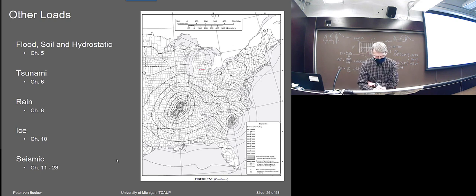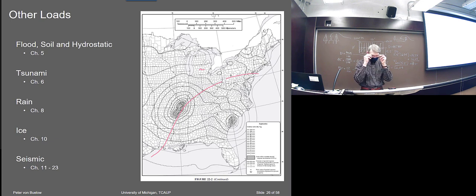There's some sort of a fault that runs, I think it runs up like this or something. There's an earthquake zone. This is the New Madrid, and you've probably heard of the New Madrid earthquake back in 1812. I don't know, have you?